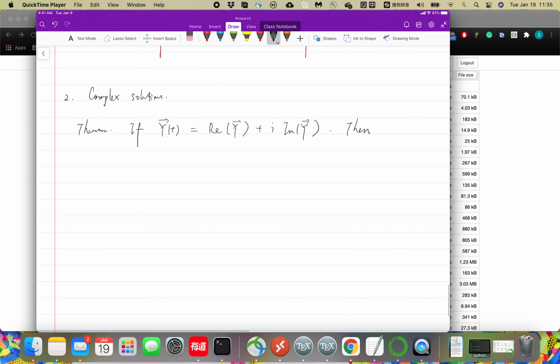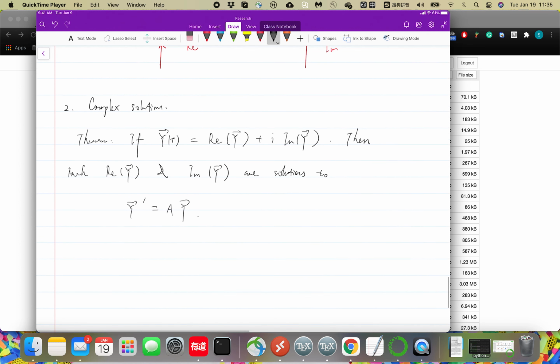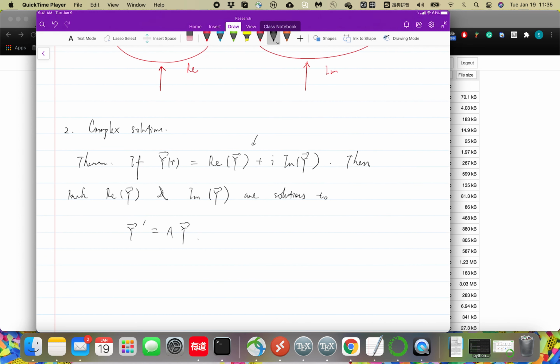Then both this and that are solutions to, okay, this we need to write down for the diffeq.